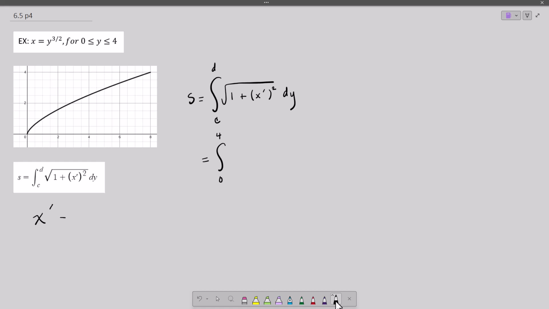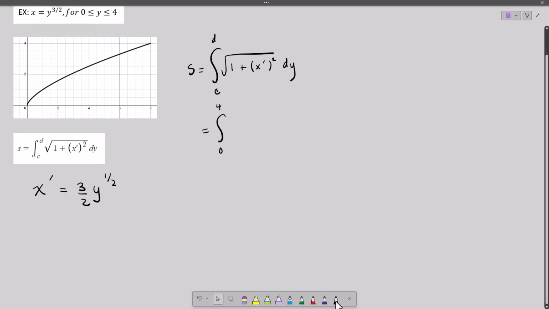So x prime is 3/2 y to the what? So bring down the exponent, subtract 1 from the old exponent. So if we have 3/2 as the original exponent, we subtract 1 and we get 1/2. Now we have to square this x prime. So that's going to be 9/4 times y.